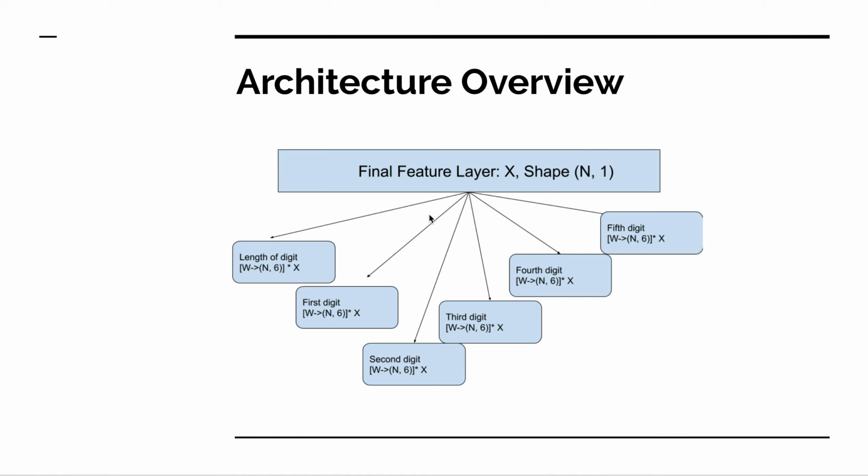Basically, we can classify the different features like the length of the digit, the first digit, second digit to the fifth digit, and we're not considering digits more than 5 for simplicity purposes. Then we basically only need to train a separate linear classifier on top of the final feature layer, which was trained by the deep convolutional network, and then we can get the results.